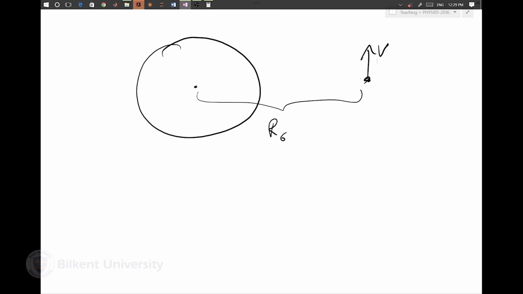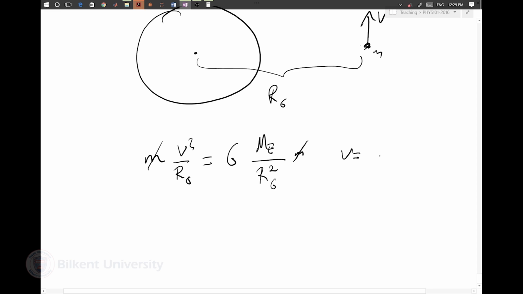The acceleration of this object would be v squared over r_G, and that would be equal to G M Earth over r_G squared times m. The m's cancel. v is the square root of G M Earth over r_G.